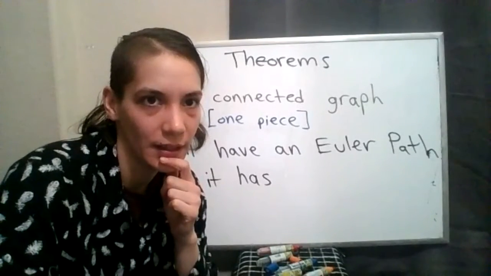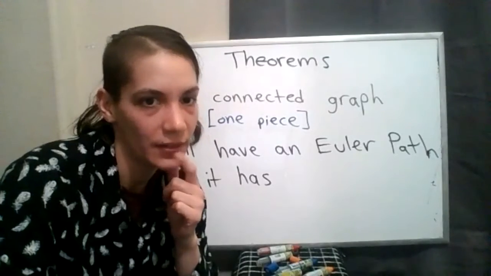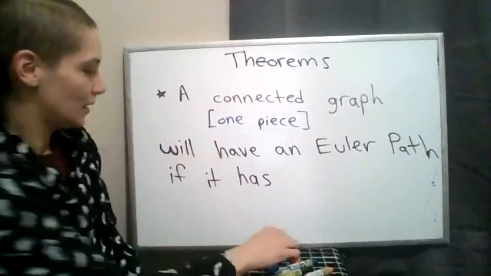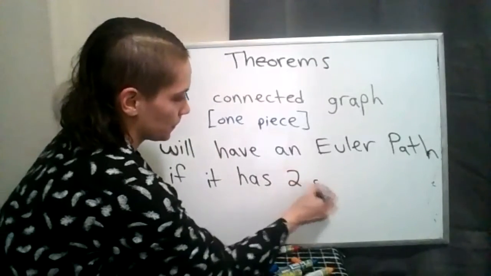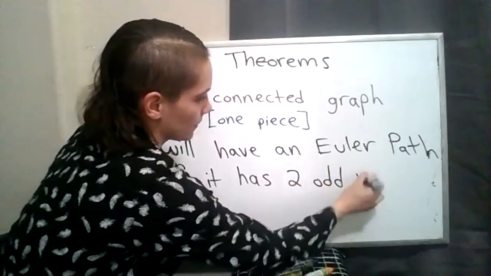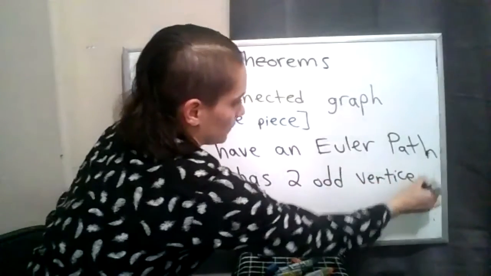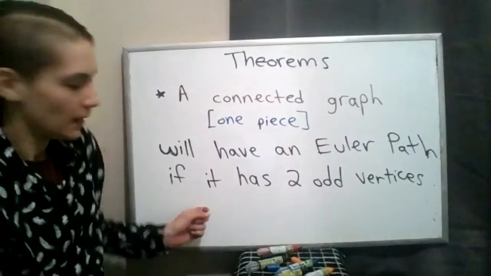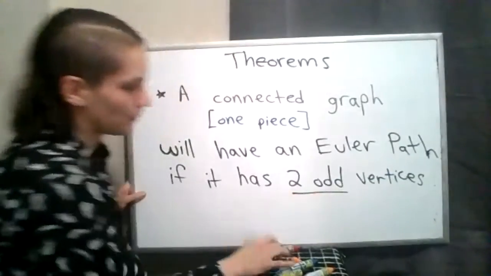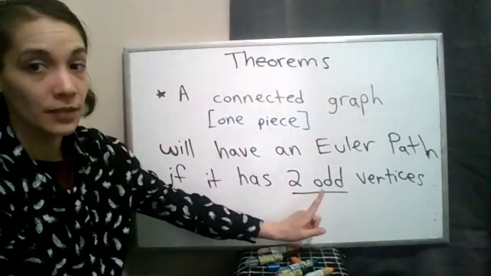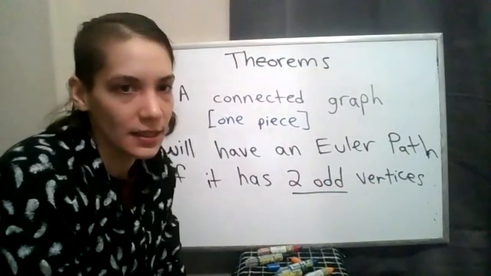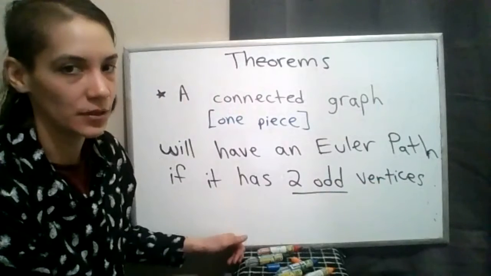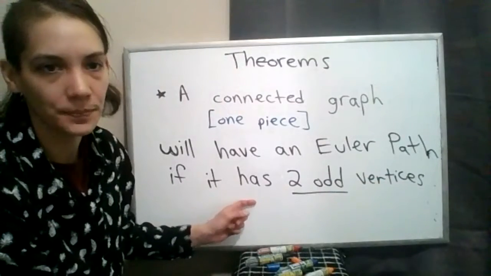I found it. Okay, it's here. A connected graph has an Euler path if it has two odd vertices. So that's the first theorem. And by odd, I mean the degree of the vertex is odd. We'll go back and practice with more graphs about finding Euler paths and circuits using this theorem.